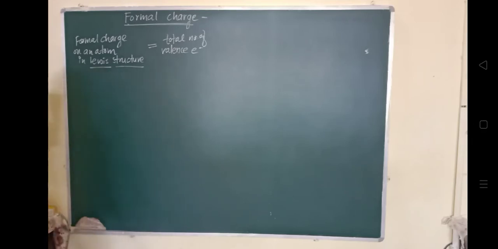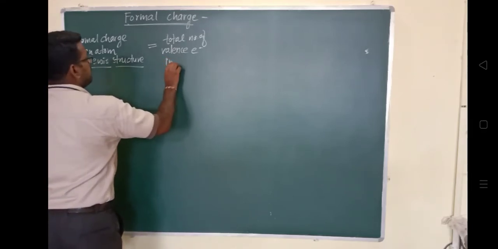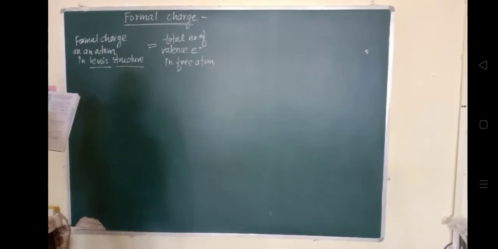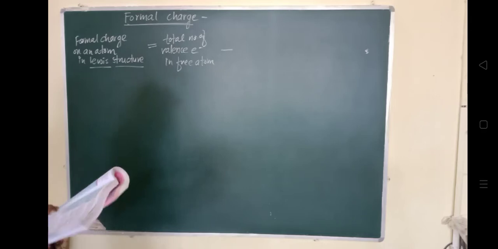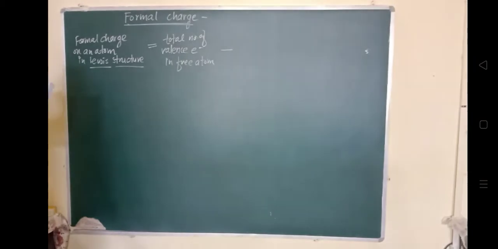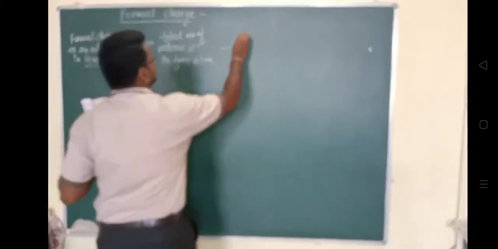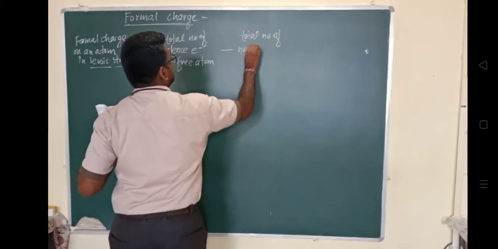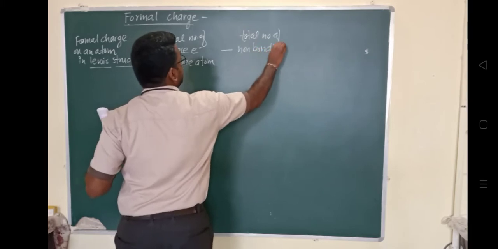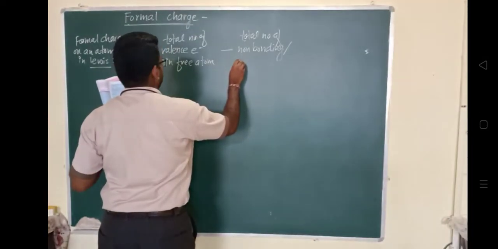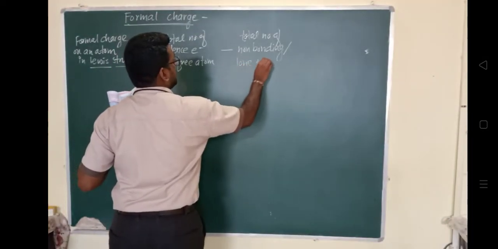in a free atom. Suppose carbon, nitrogen, how many total valence electrons does that atom have? That is the total number of electrons. Then minus the total number of non-bonding electrons, or in other words a lone pair of electrons.